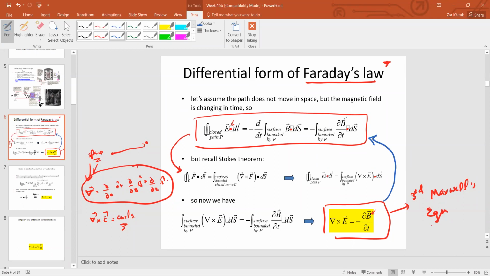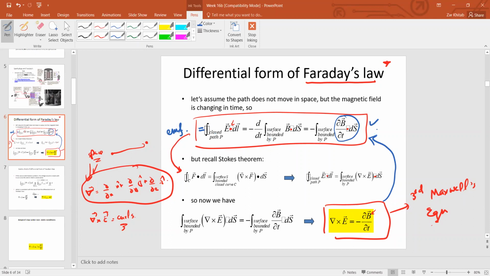Faraday's law tells you that if magnetic field is changing in time, it's going to give you the voltage, EMF. So in the secondary coil, if magnetic field is changing in time, you will get the EMF.